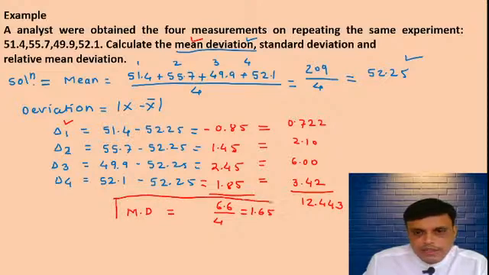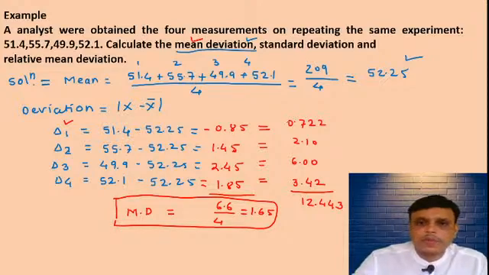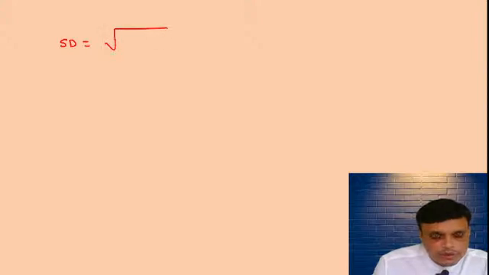Now we will calculate the standard deviation. So standard deviation, SD, means under root 12.243 divided by n minus 1.